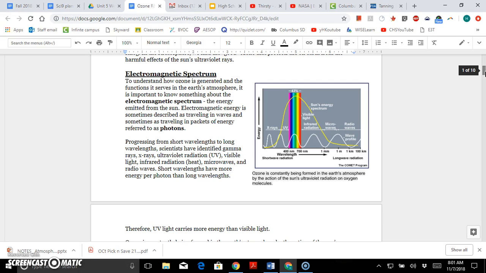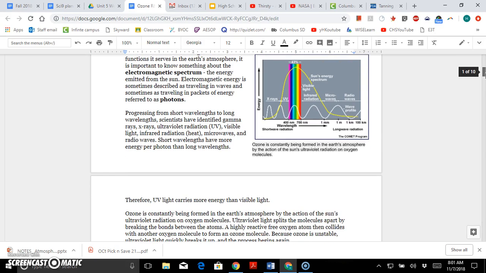Progressing from short wavelengths to longer wavelengths, scientists have identified gamma rays, X-rays, ultraviolet or UV radiation, visible light, infrared radiation, known as heat, microwaves, and radio waves.